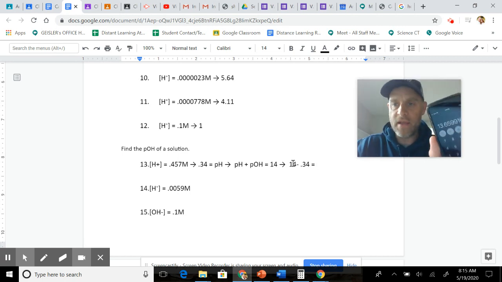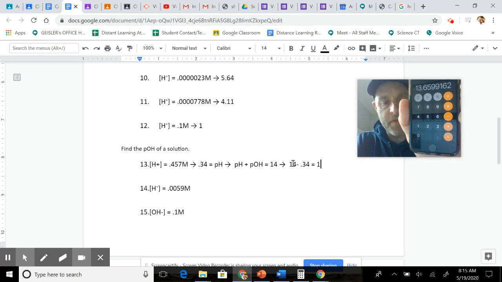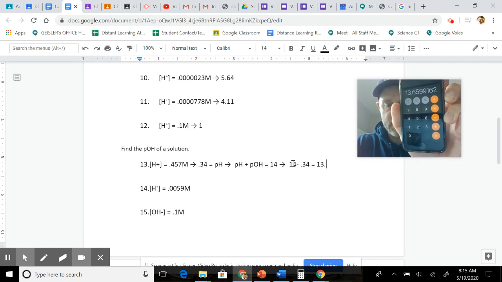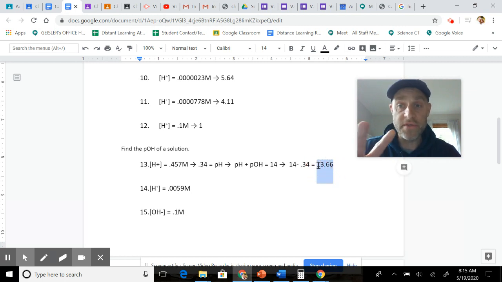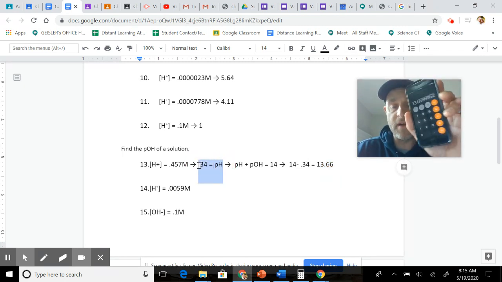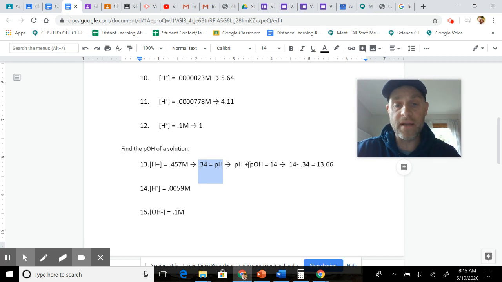When I did it on my calculator, I got 13.66. That's the pOH. So it's a two-step calculation. Number one, solve for pH using your logarithm on your calculator. And number two, subtract the pH from 14 to give you the pOH.